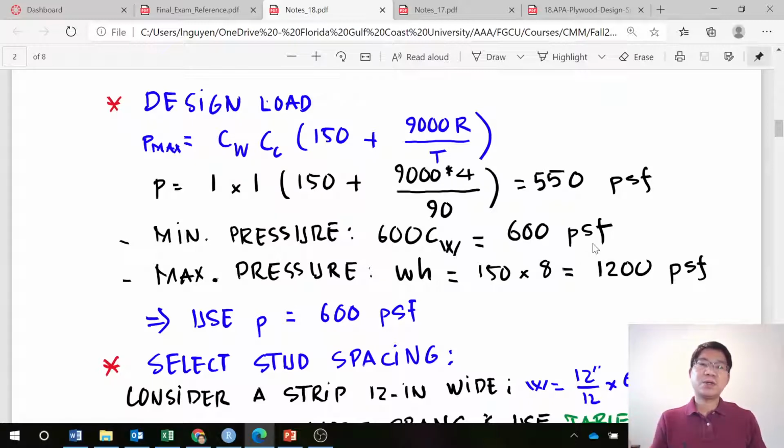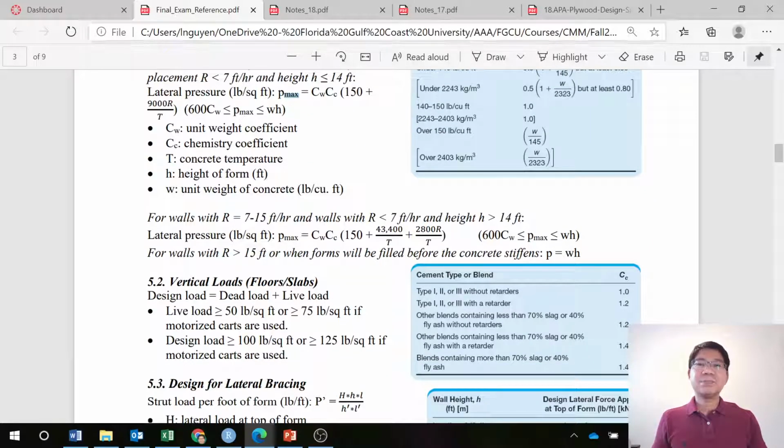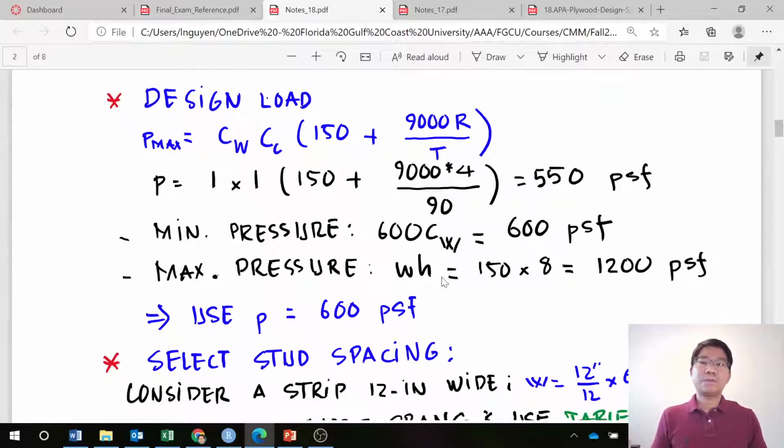What is CW? CC? We can go to the reference, and you can go back to the previous lesson, concrete form design 1, to go into detail on determining CW and CC in problem 1 and problem 2 of that lesson. And then the maximum pressure is 100% fluid, wH, 150 times 8, which is 1,200. So our Pmax of 550 is less than 600, so you will use 600 pounds per square foot as the design load.